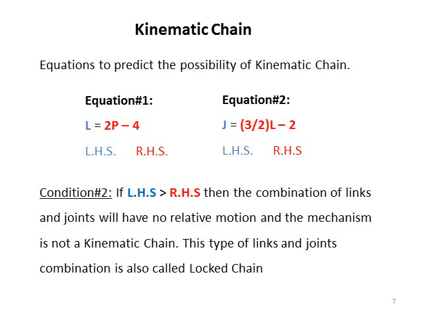Let's discuss the second condition. The second condition says: if the left hand side is more than the right hand side in either equation number 1 or equation number 2, then the combination of links and joints will have no relative motion, and the mechanism is not a kinematic chain.